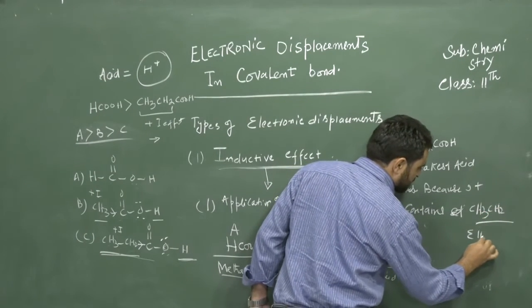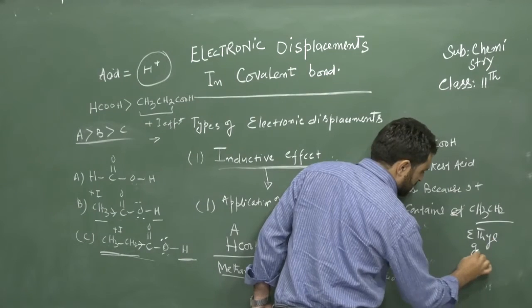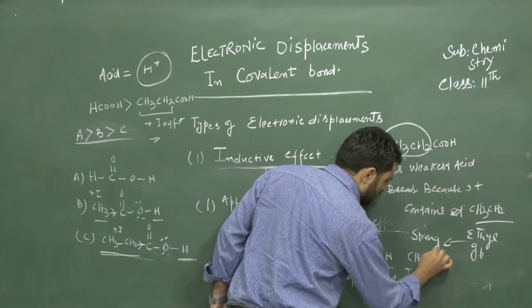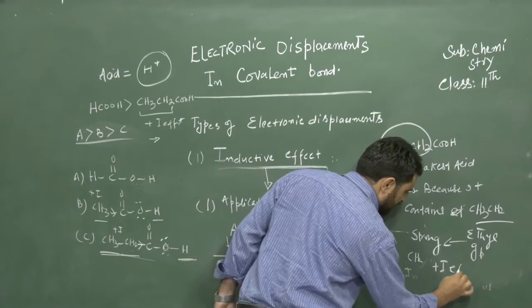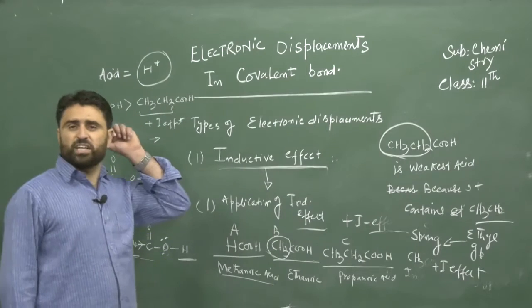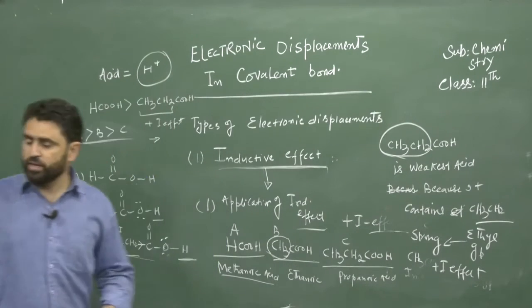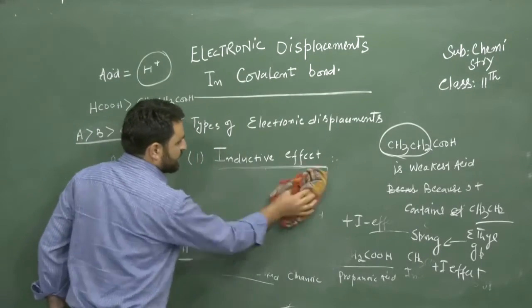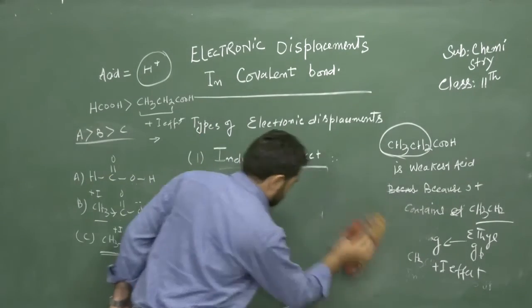This is an ethyl group, and the ethyl group has a strong plus I effect. So the stronger acid is that which does not contain any alkyl group.